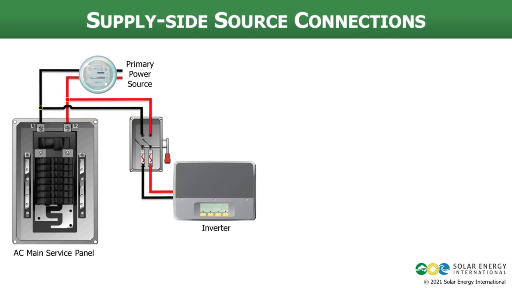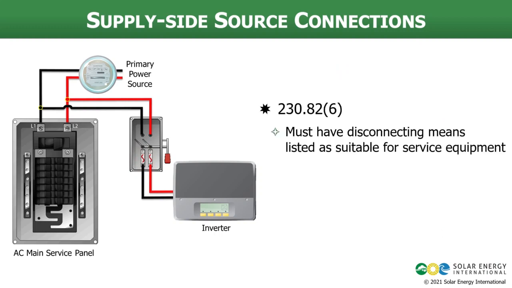Now let's talk about what the requirements are if we are doing a supply side connection. So here we see a diagram of a supply side connection. We've got our point of interconnection at the top here, these little dots with the yellow outline there. That's our point of interconnection. Goes to our disconnect here. This would be both the PV system disconnect and our overcurrent protection device because it's got fuses in it there.